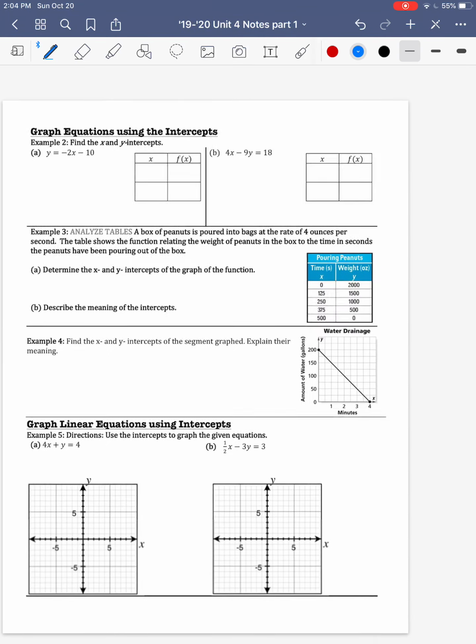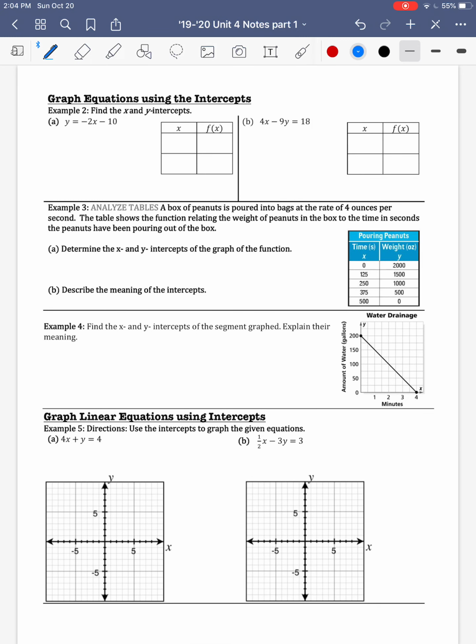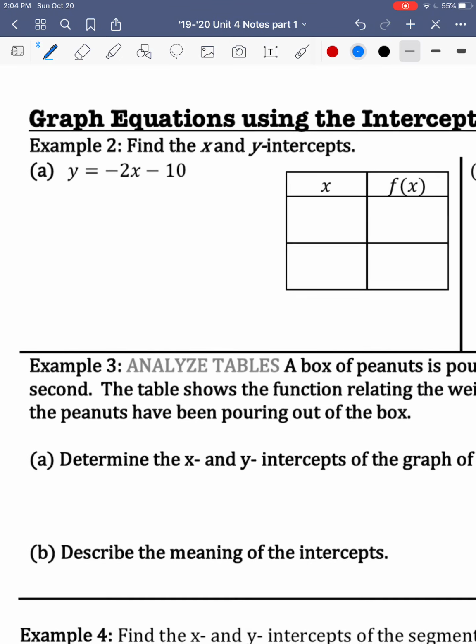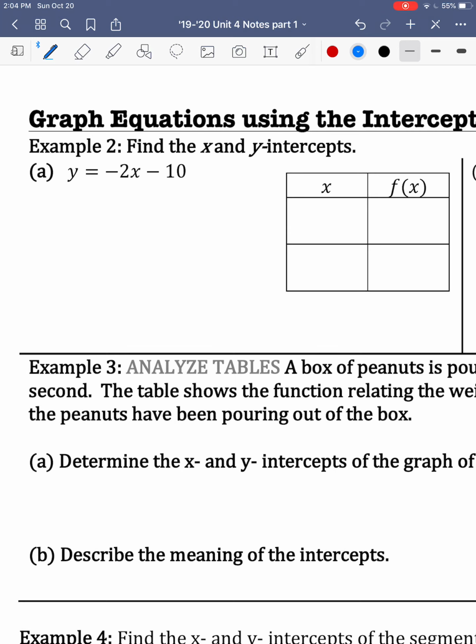So on our next page, we are going to look at how we could also graph by using x and y intercepts. For example A, to find my x and y intercepts, all I'm doing is plugging in zeros for one or the other. What I like to do is split my screen in half. This is how I find my x-intercept, this is how I find my y.